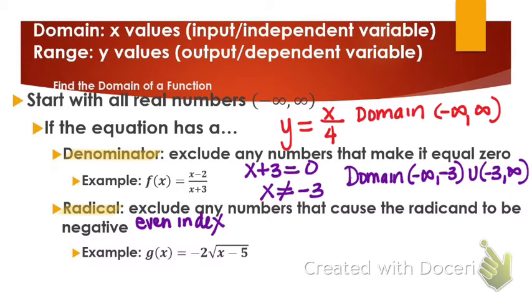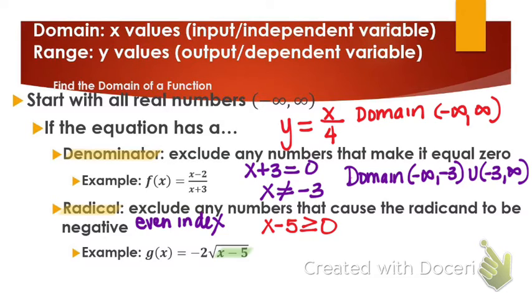So how do you do that? We're going to do some examples together, but take what's underneath your square root, only what's under your square root. In this example, that would be x minus 5. Take that x minus 5 and set it greater than or equal to 0.